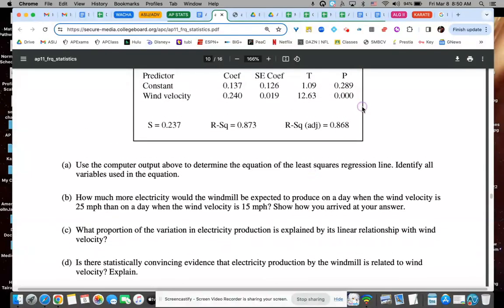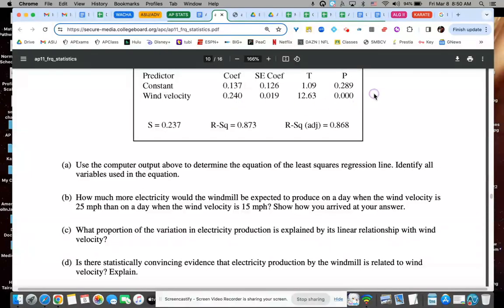Normally, when we're checking association, we just look for the slope, and we want to say, is there a slope that's either positive or negative? In other words, is there association? If we had a slope that was zero, or close to zero, then we might be thinking that there is no association between the two. But in this case, we have a positive slope.